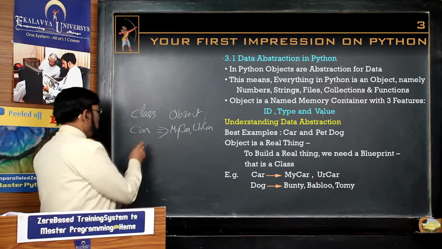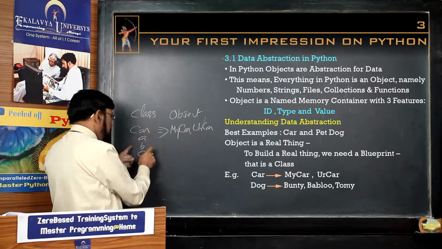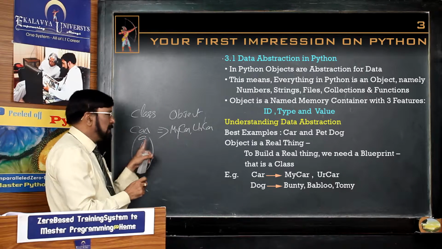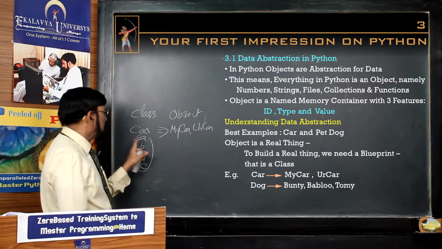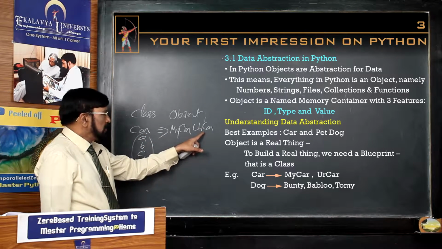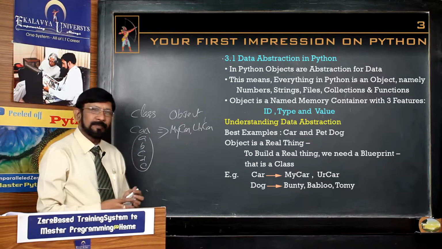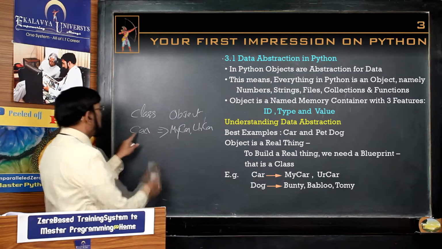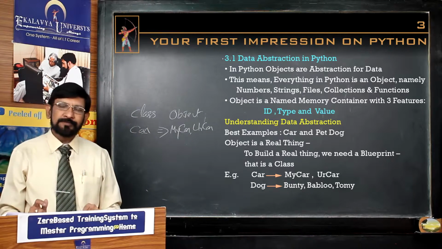Whatever characteristics, suppose A, B, C, D, E characteristics, it is defining. These are abstract. Once it comes to MyCar, with reference to MyCar, for all these things values are there. And with reference to UrCar, for all these 5 values are there. Understand? So, class is the blueprint for every object.